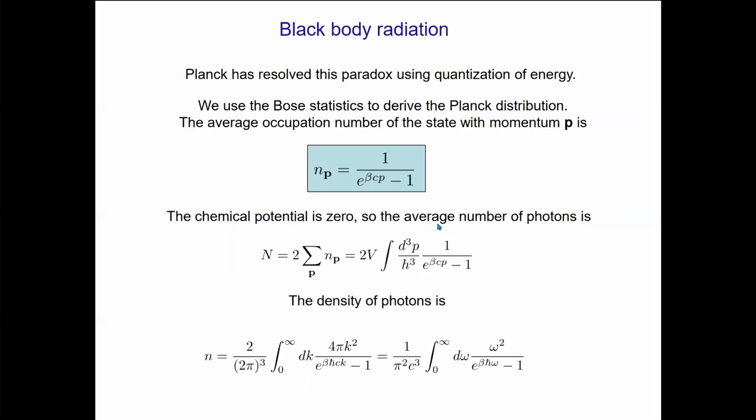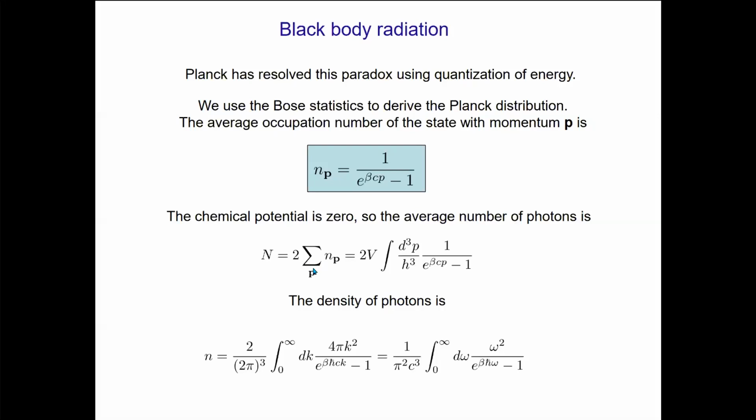So it's quite easy to calculate the average number of photons by simply summing over all possible occupation numbers with a given momentum. And the factor 2 is because there are two possible polarizations for photons, as I explained before.